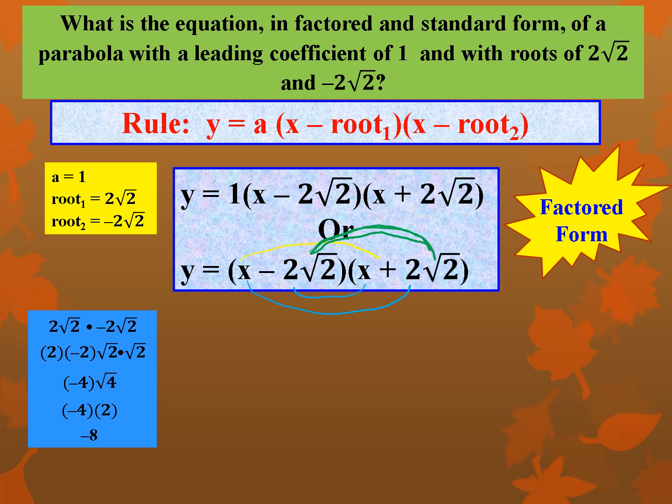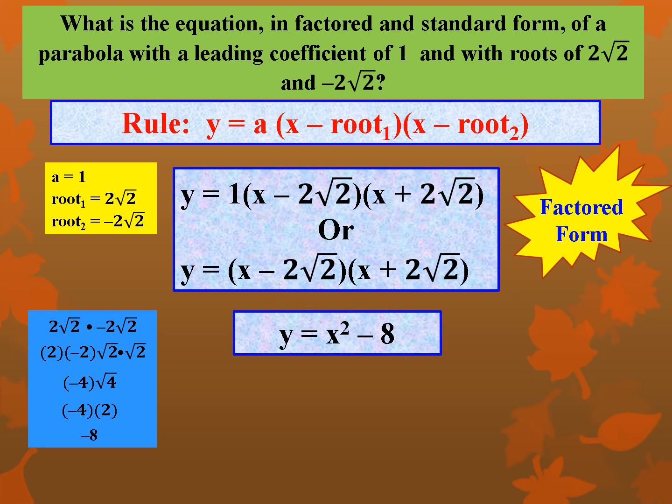Now, the reason we didn't do the whole plus or minus thing is because the radical was already there. We didn't put the radical, so since it's already there, we just take the principal positive. So that's how we got negative 4 times 2, which is negative 8. So when we multiply this together, we get y is equal to x squared minus 8.